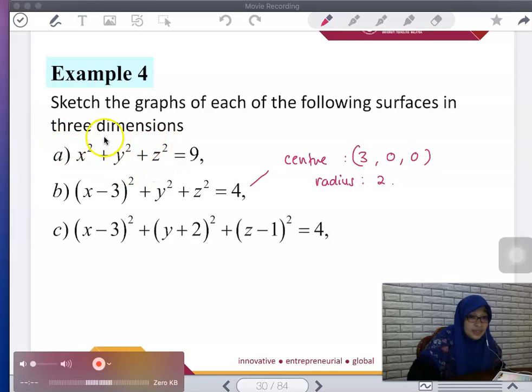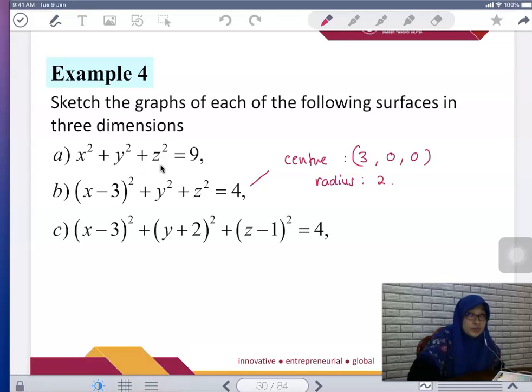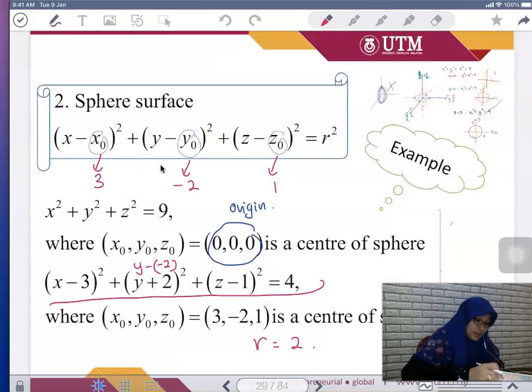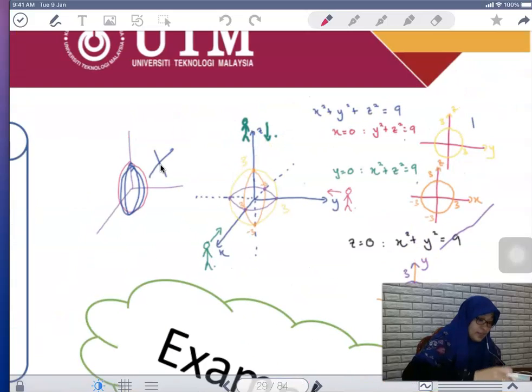If your center is at the origin, which is x equal to 0, y equal to 0, z equal to 0, then the trace should always be on x equal to 0, y equal to 0, z equal to 0, which is what I have provided here.